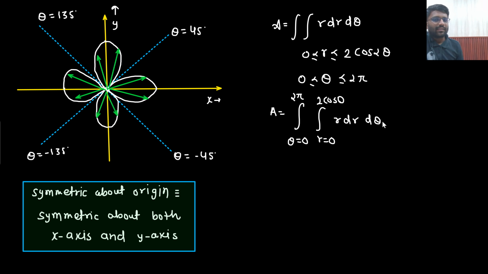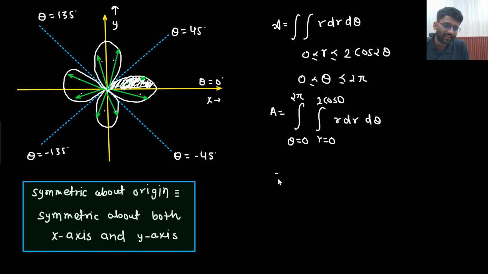Now if you notice one thing, I need to find out the area only. So what if I find out the area between 0 and 45 degrees only, and then multiply with 8? If I find the area between 0 and 45 degrees, that is one area A, 2A, 3A, 4A, 5A, 6A, 7A and 8A.